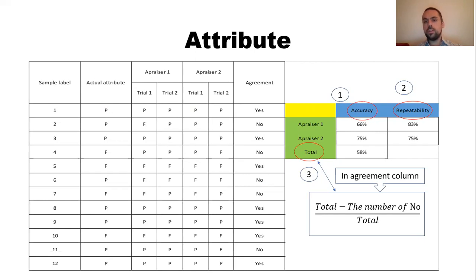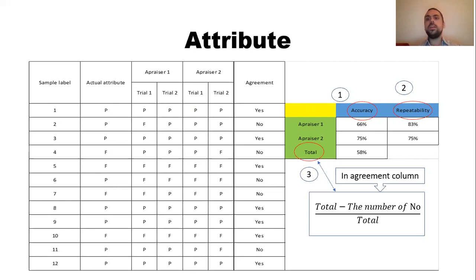So total accuracy is the number of yes cases divided by the total. We count the number of yes and divide it by the total number. So it's 58%.